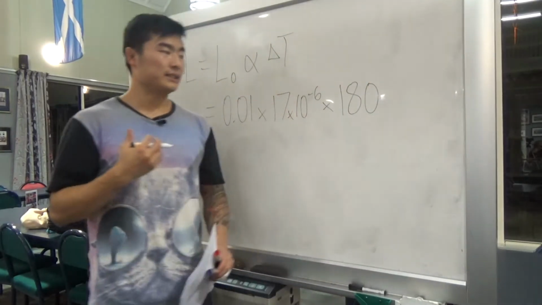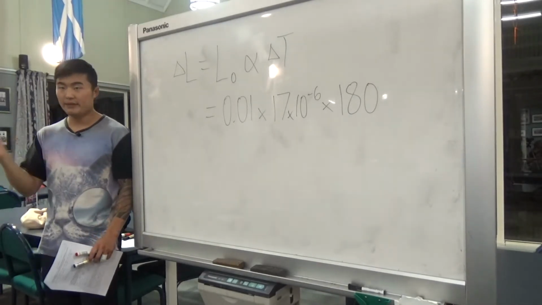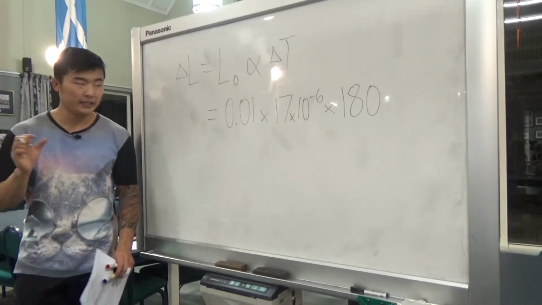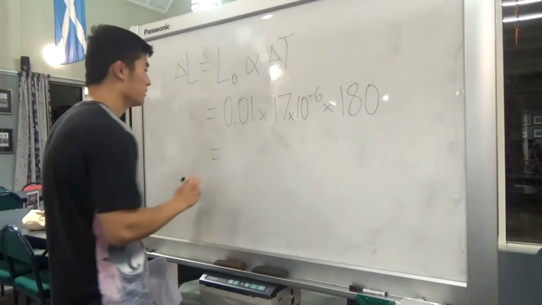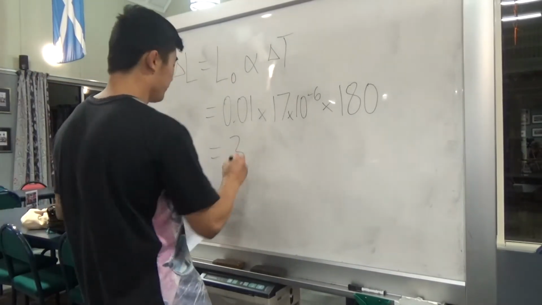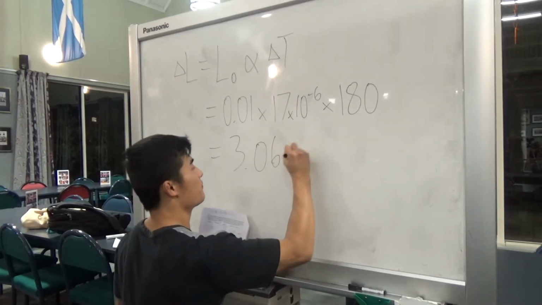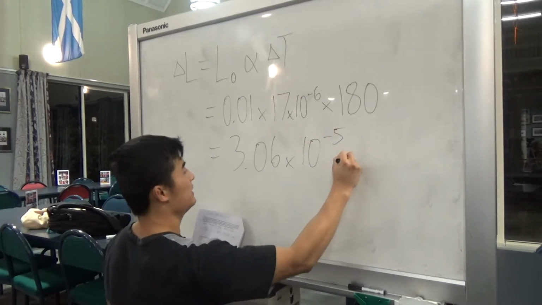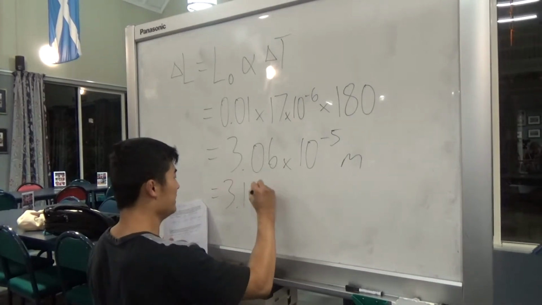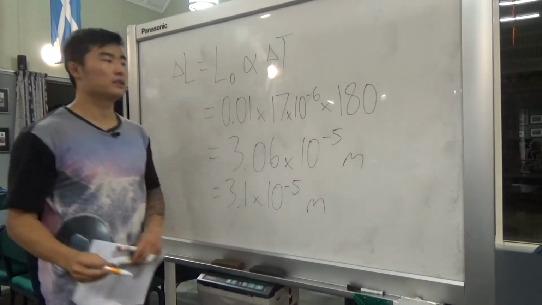Remember that when it's delta T, you don't have to convert it into Kelvin because it's the same, so you can just use the Celsius value. That will give you 3.06 times 10 to the negative 5 meters, which you can round to 3.1 times 10 to the negative 5 meters.